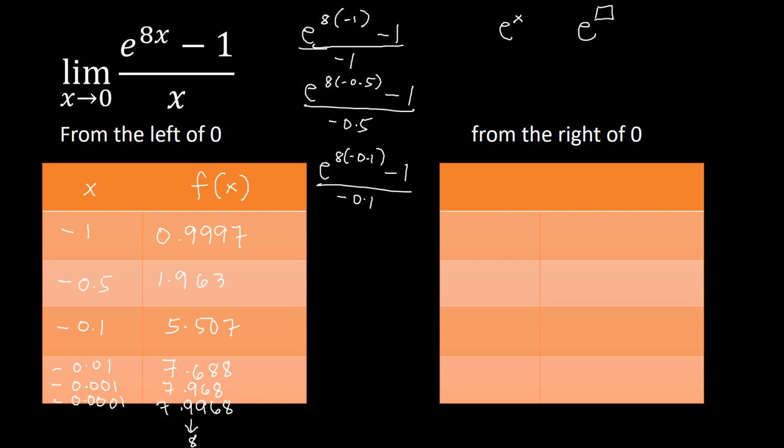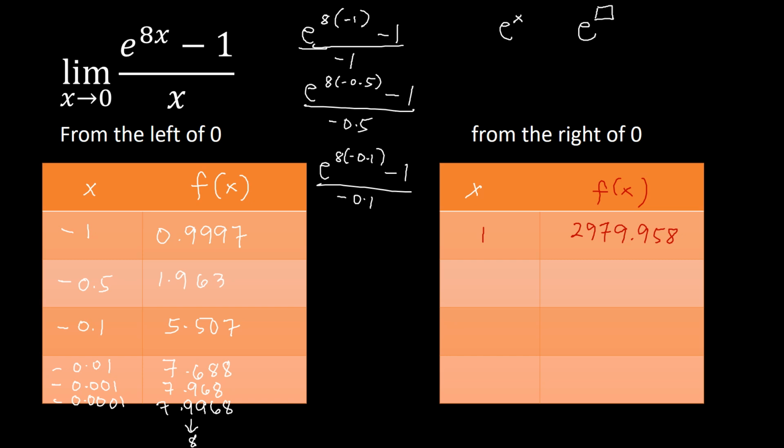We need to check from the right of 0. So we are going to get our x value from the right of 0. So our x, we can have it as 1. Inputting that on the calculator, we have 2,979.958.